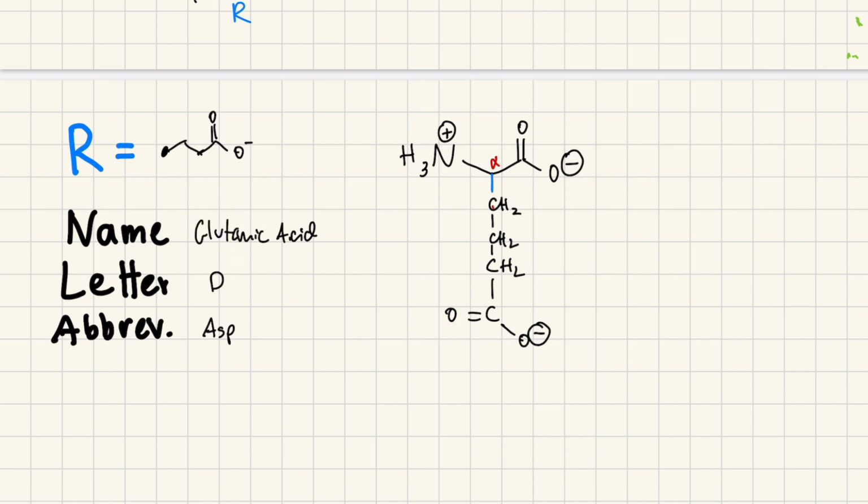Glutamic acid. 1, 2, 3. Yeah, we're good. And again, it's also O minus sometimes. And because glutamic acid comes after aspartic acid, the letter is E, because E comes after D in the alphabet. And the abbreviation is GLU.